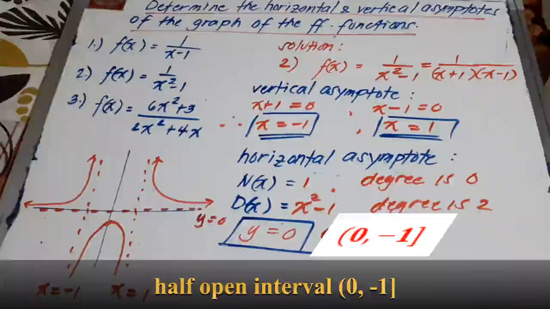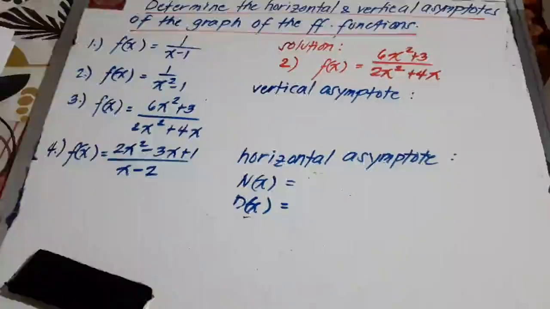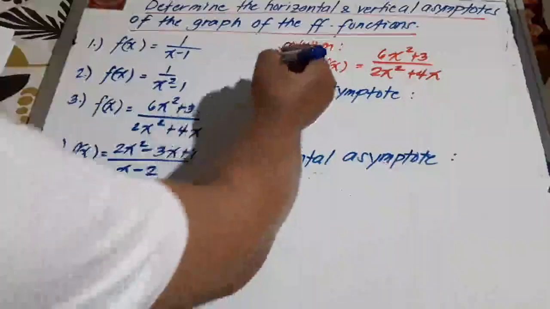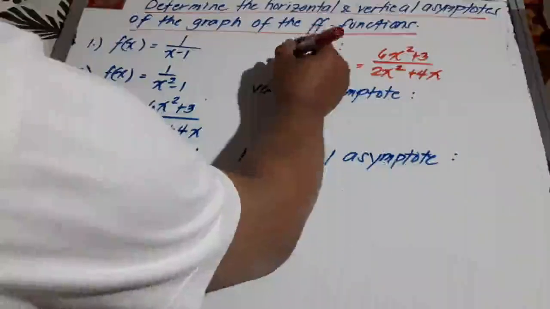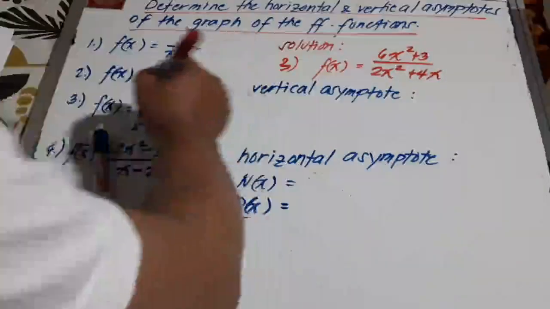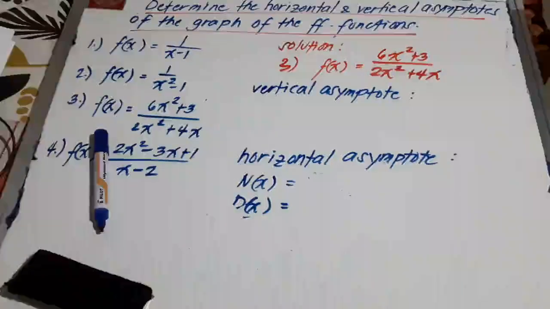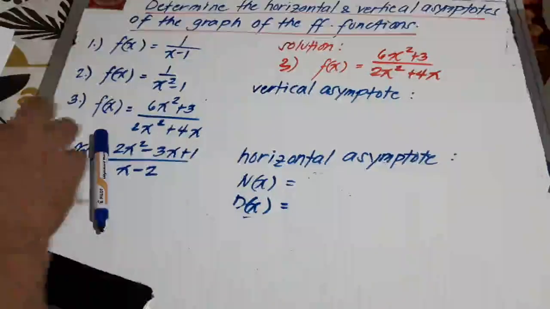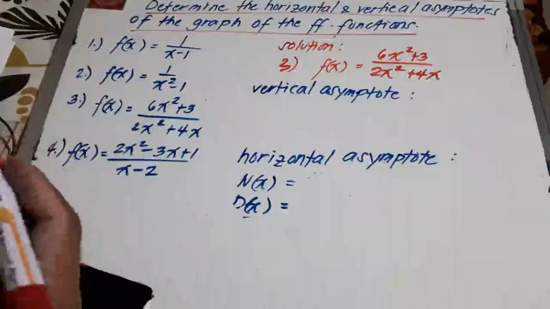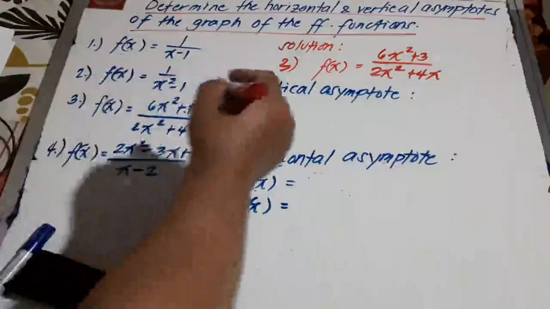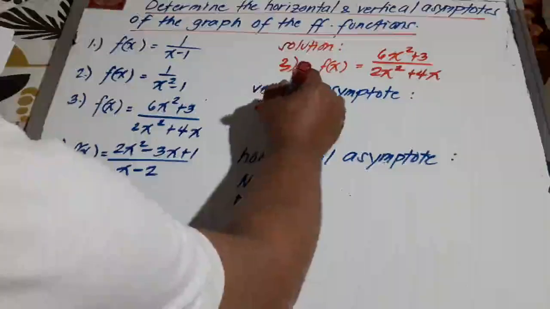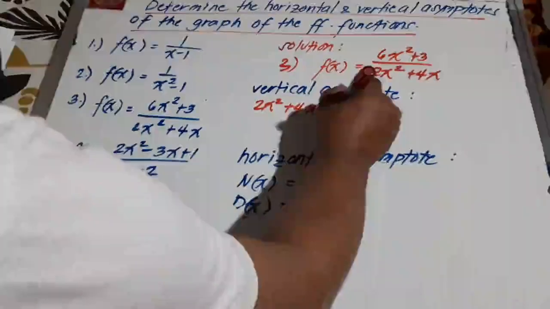We have example number 3. Okay, for example number 3, we have the function f of x equals 6x squared plus 3 over 2x squared plus 4x. So to determine the vertical asymptote, all we have to do is to equate the denominator to 0. So we have 2x squared plus 4x equals 0.